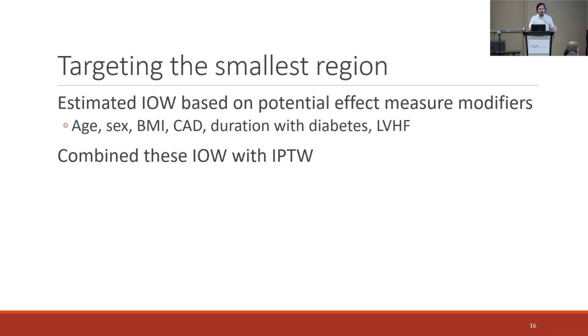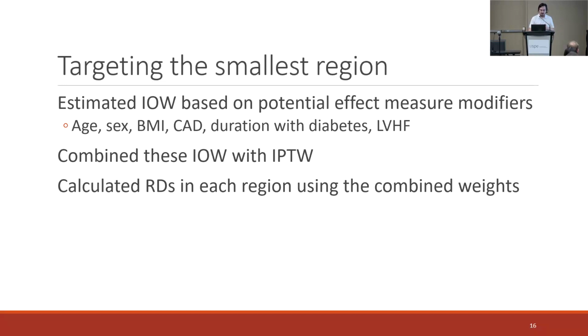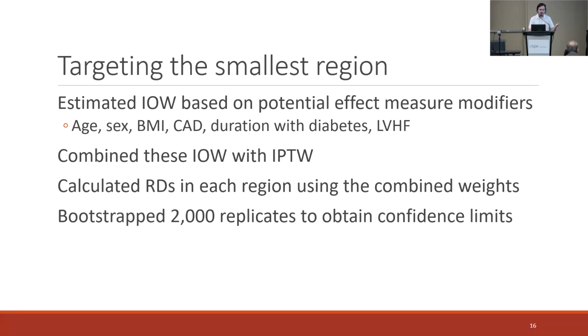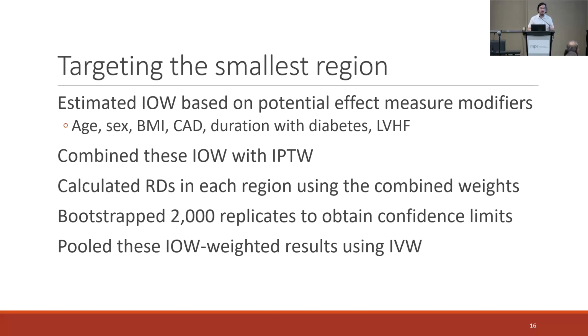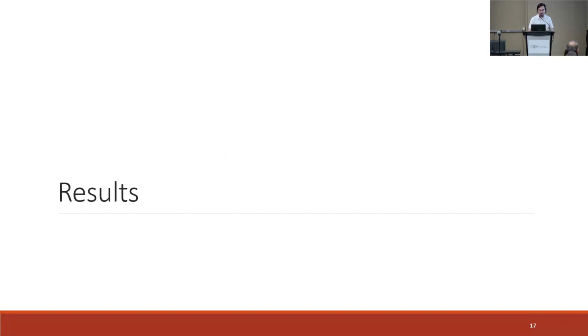And then we combined those inverse odds weights with the IPTW from each site and calculated risk differences in each region using these new combined weights to account for both the differences between them and the smallest region and to account for confounding at the same time. Again, we did a whole bunch of replicates and we pooled these using inverse variance weighting. Technically, there are slightly better ways to do this, but some simulation work by Issa de Hebra et al. found that this IVW works here in a reasonable way.